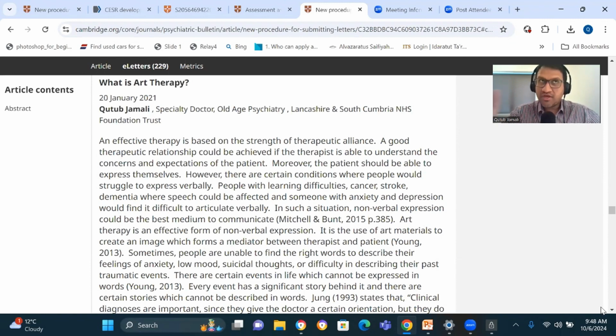So I did a 1 week foundation course in art therapy, and I found that very useful. Then I implemented that skill in my clinical practice, and it really helped me.